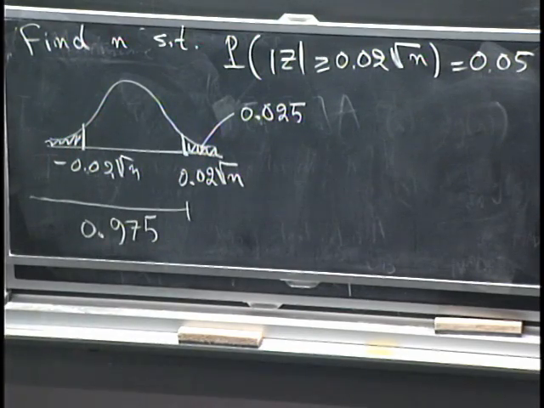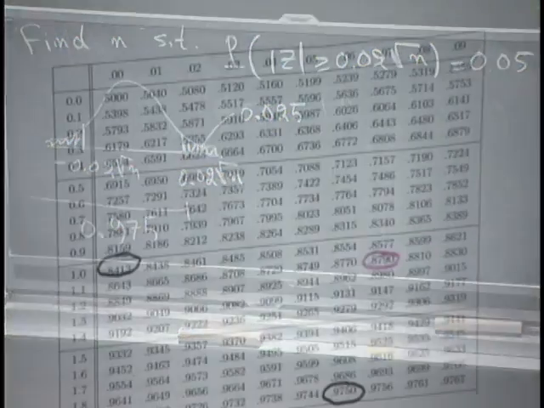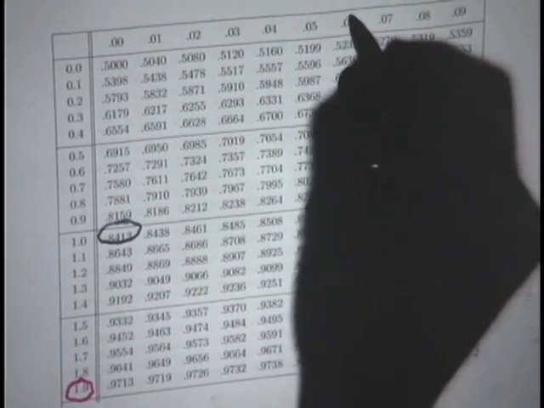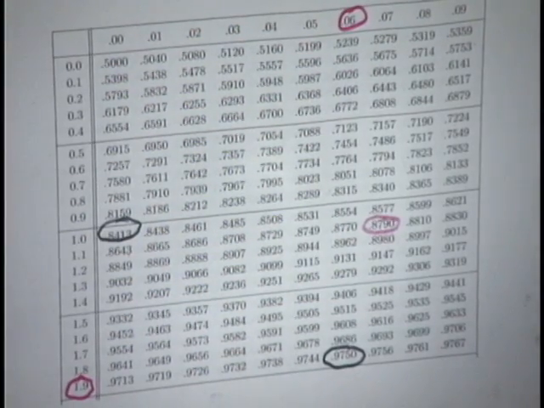You go to the normal tables and you find which entry corresponds to that number. I actually brought a normal table with me, and 0.975 is down here, and it tells you that the number that corresponds to it is 1.96.